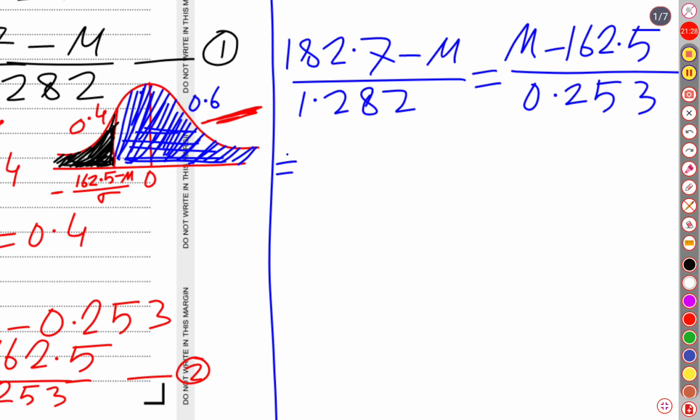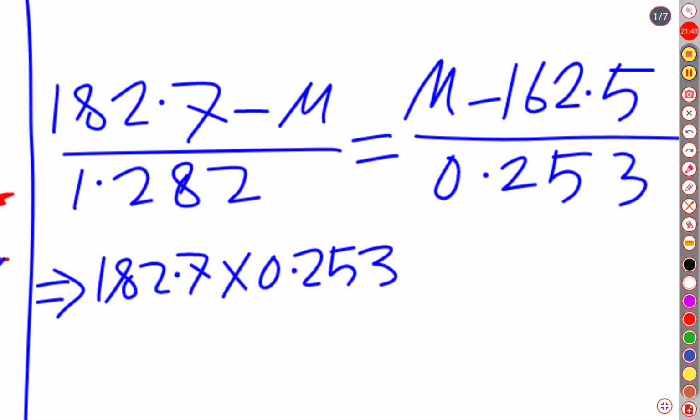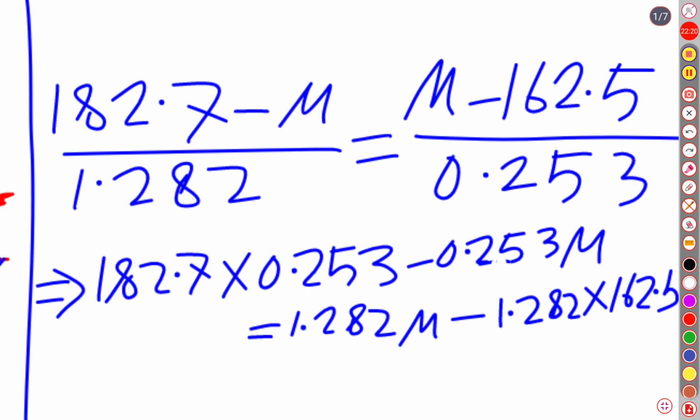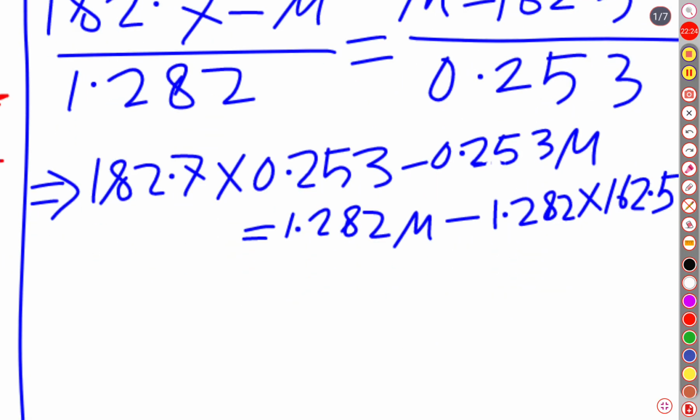If we do cross multiplication, it becomes 182.7 into 0.253 minus 0.253 mu equal to 1.282 mu minus 1.282 into 162.5.